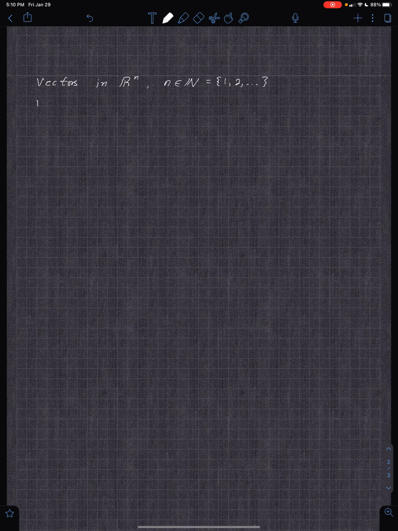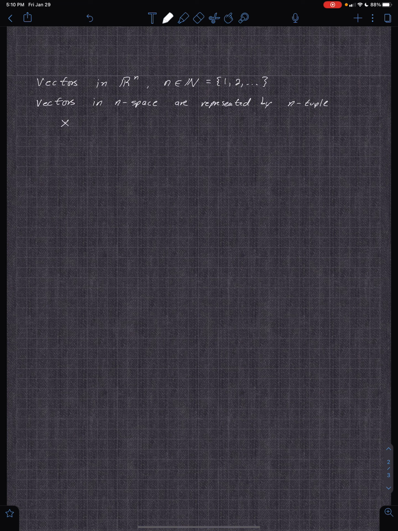So vectors in n-space are represented by what we call an n-tuple.